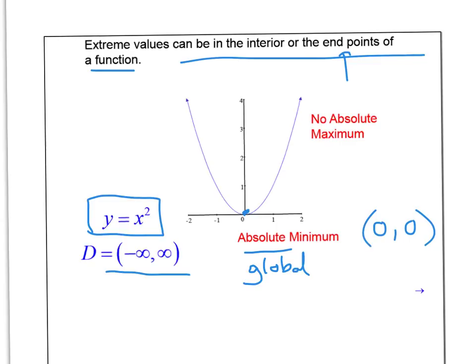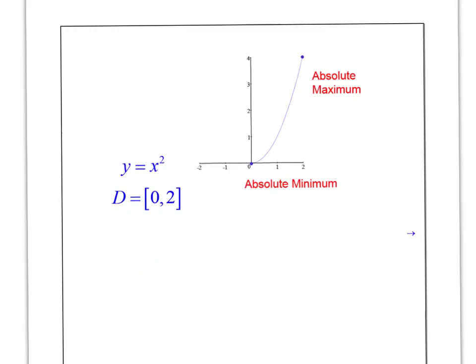That's okay, but if I ask you for the absolute minimum value, it's the y value, not the x. That would be like the highest mileage. That's the y value. In this case, it's the lowest value, which is the y value of 0. Even though these are both the same, you wouldn't get that wrong. Since there are no endpoints here, this goes up forever, we say it doesn't have an absolute maximum.